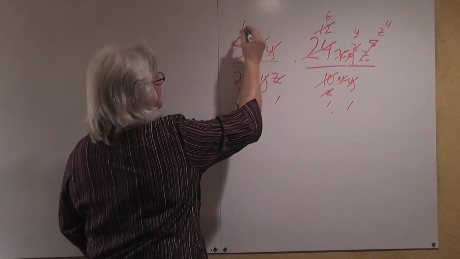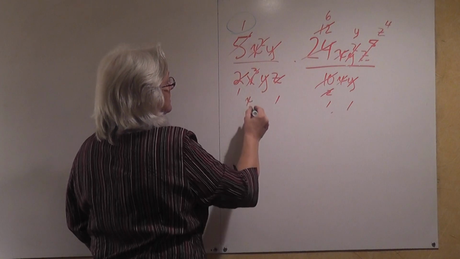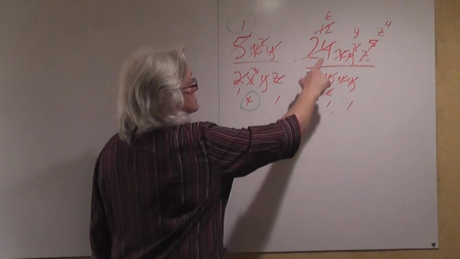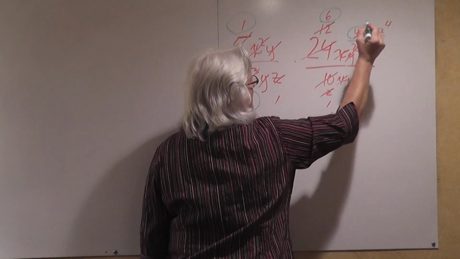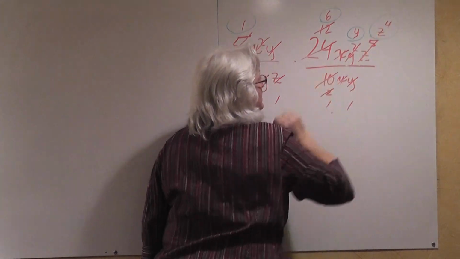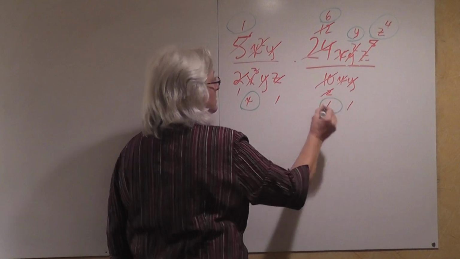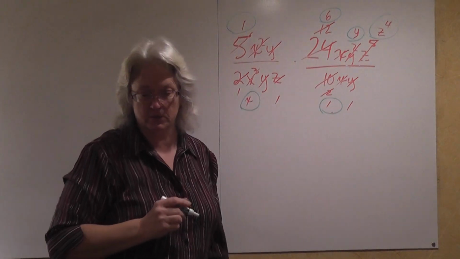Okay, nothing here except the 1. Nothing in this denominator except the x. We have 6yz to the fourth, and nothing in the denominator of this rational expression.